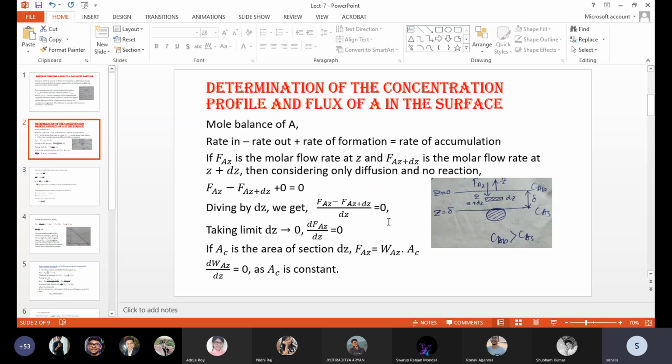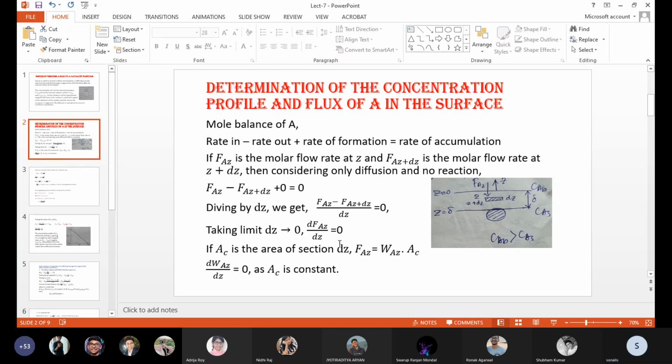Now, if AC is the area of this small section dz, then FAz, that means molar flow rate, is equal to the diffusional flux, WAz, the molar flux, that is mole per area second, into area. Unit-wise it is the same, mole per second, on both sides.